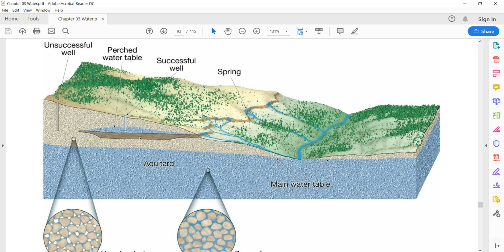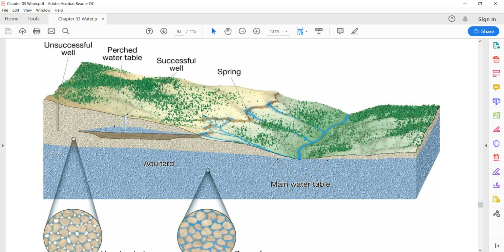So we just saw that an aquitard is a type of rock or sediment that does not allow water to flow across easily. So what will happen, a ponding will happen, the water will start to accumulate above this aquitard, and you have this perched water table. This is not the full water table, because here you can see that the water table is actually this one where the majority of the groundwater is available.